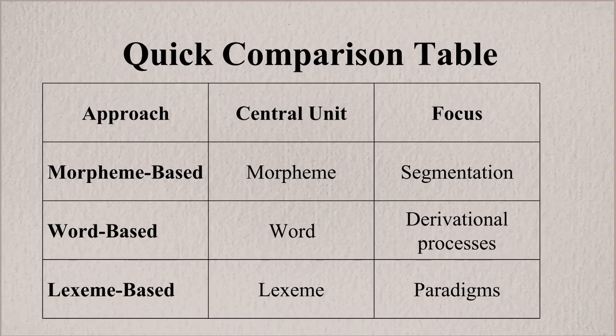It mainly explains derivational processes and relationships between whole words. Lexeme-based morphology takes the lexeme as the basic abstract unit representing related word forms. Its focus is on paradigms and the relationships among different forms of the same lexeme.